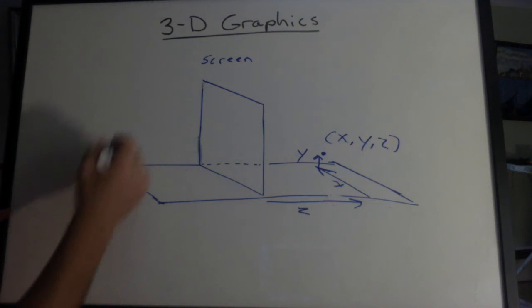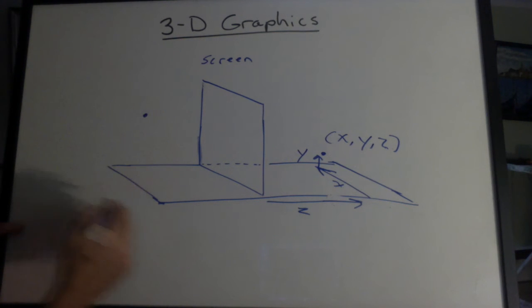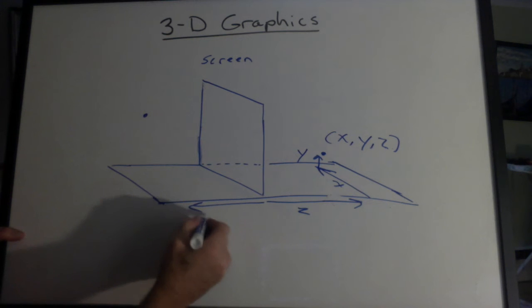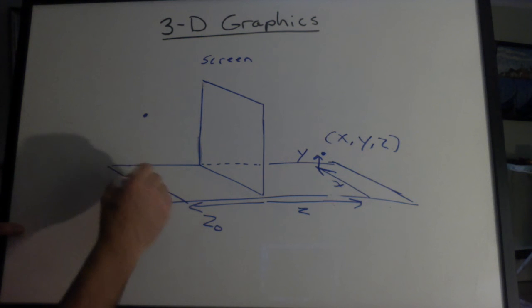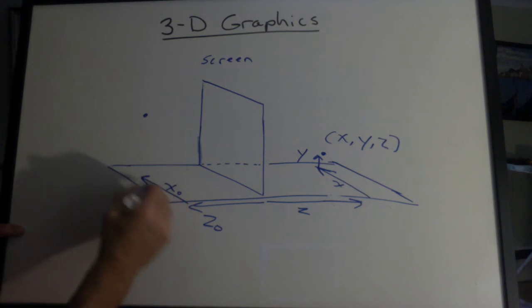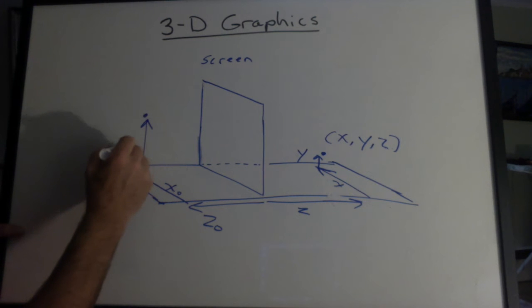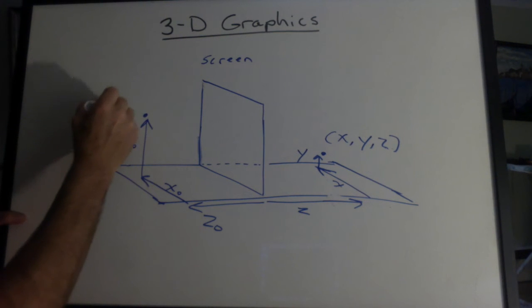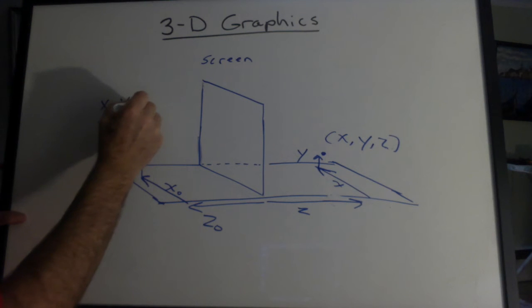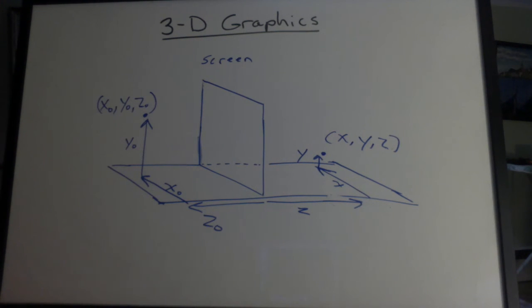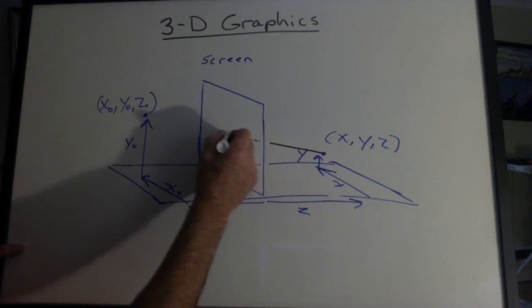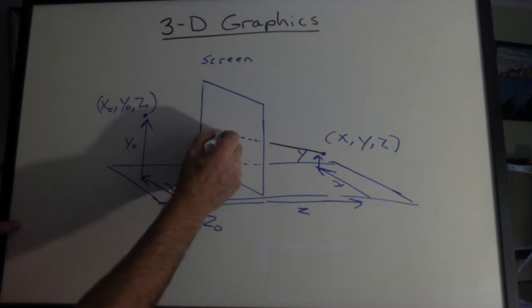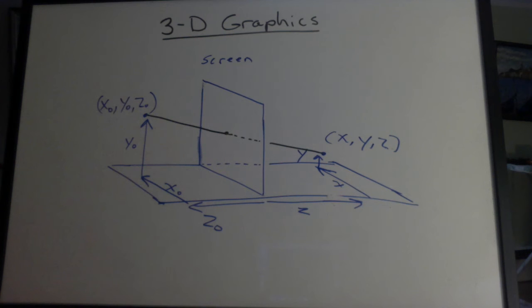Now I'm going to define a place for my eye. And that's going to be defined by z naught, x naught, and y naught. So I'll have an x naught, y naught, and a z naught. Now you have to imagine that there's going to be a ray of light that's going to come from this point behind the screen and then emerge from the screen and strike my eye.